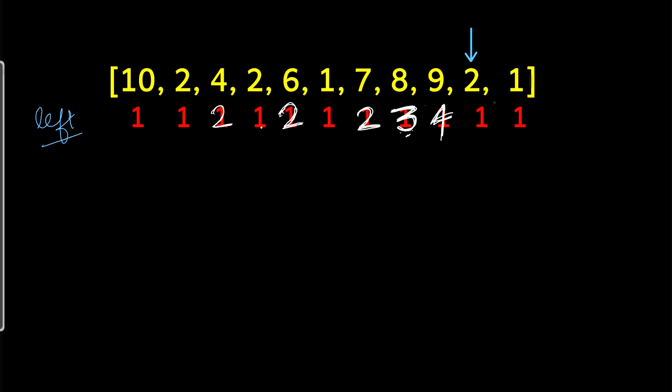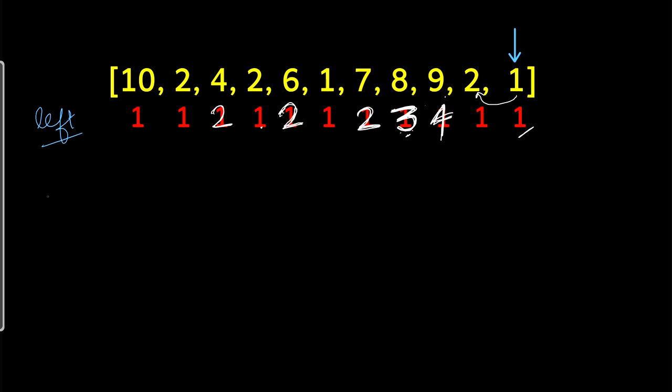Then for the next child, it's 2. When I compare 2 with 9, it's less than. So he will get just 1 candy. Then for the next child, it's 1. 1 rating is less than 2. So he will only get just 1 candy. So this is how we have compared all the child ratings with their left neighbor.